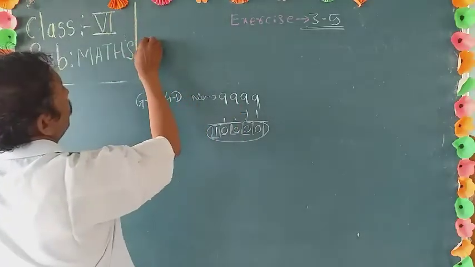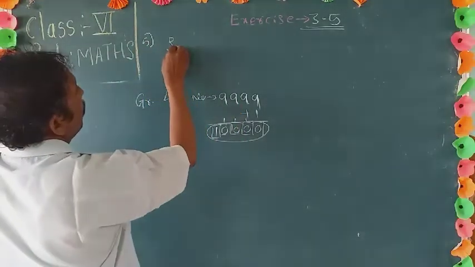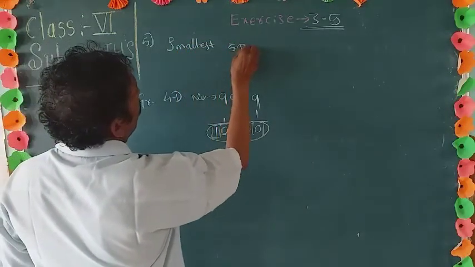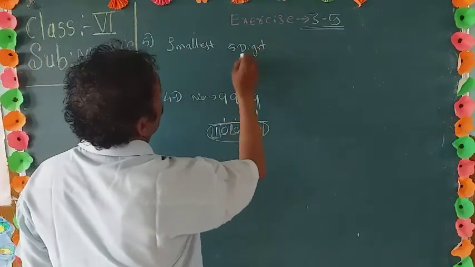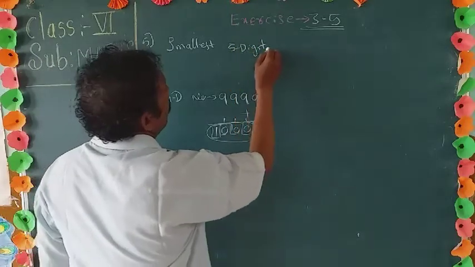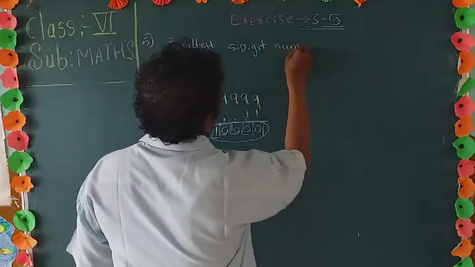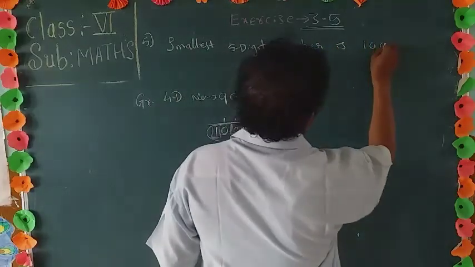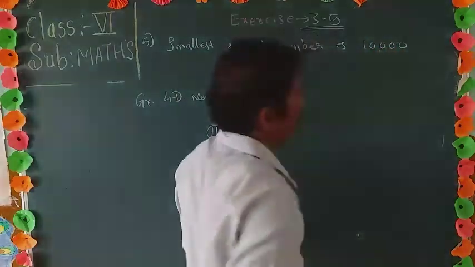Question number 5. The smallest 5-digit number is 10,000.